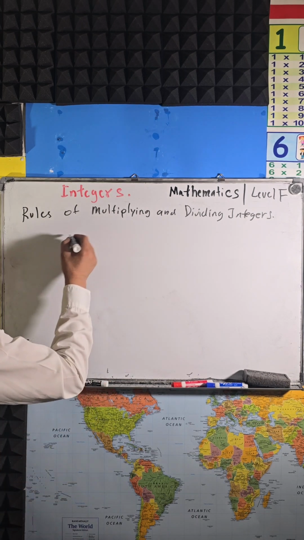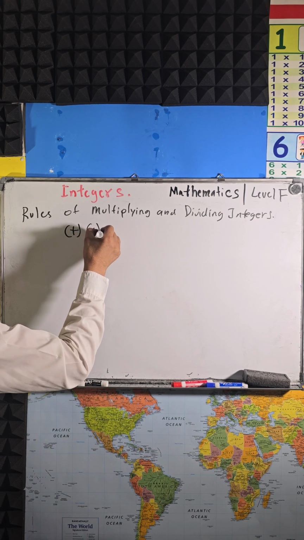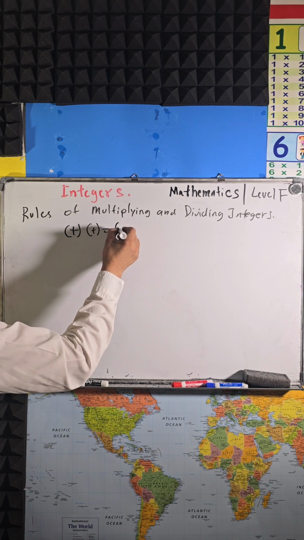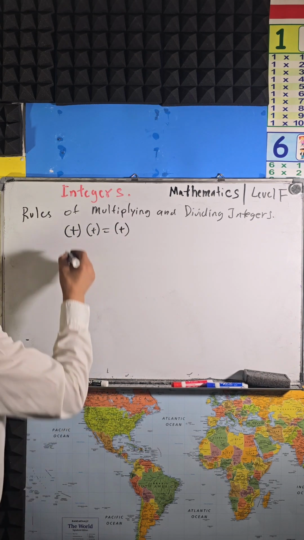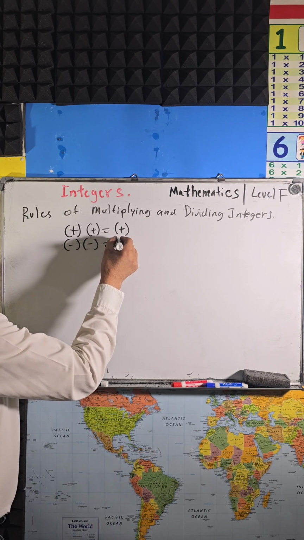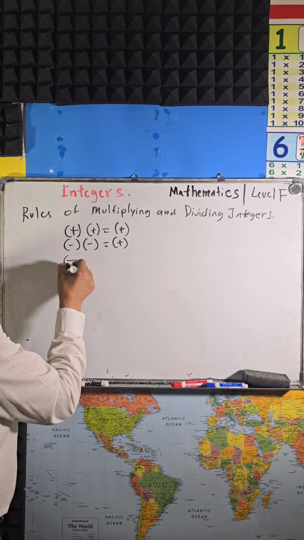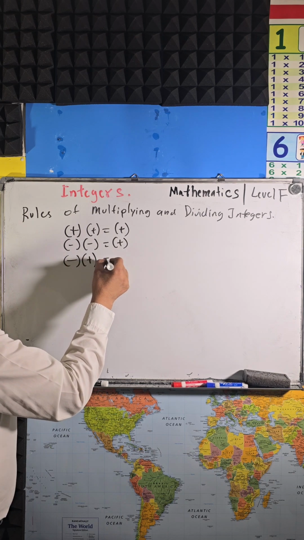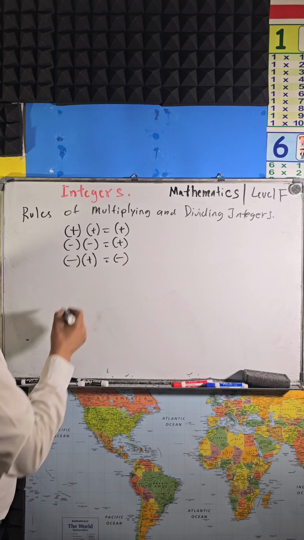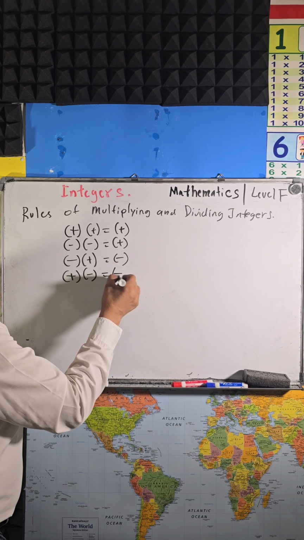So when you multiply positive number times positive number, the answer will be positive. When you multiply negative numbers times negative numbers, the answer is positive. Negative times positive, the answer is negative. Positive times negative equals negative. Okay.